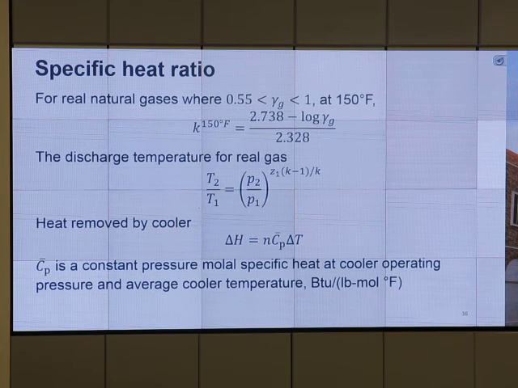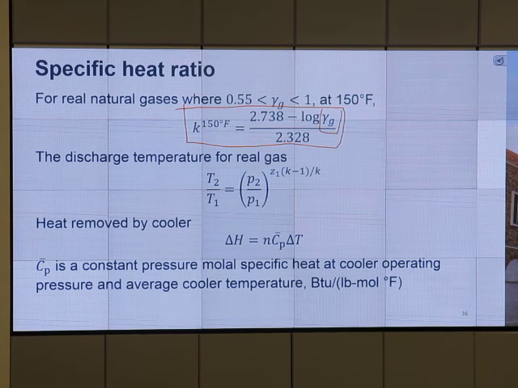If you have gas, you use some kind of equation to estimate it. So this gives us the K value, or Cp over Cv, based on specific gas gravity. So for real natural gas at 150 Fahrenheit, K can be estimated like that. What if it is not 150 Fahrenheit?